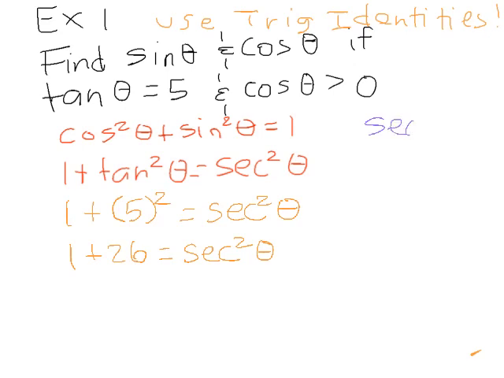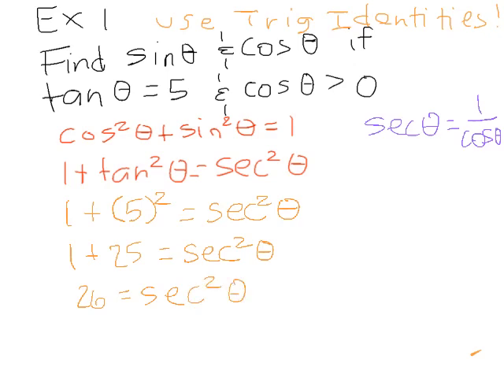Secant of theta is equal to 1 over cosine theta, so don't forget that. Back to our problem, we add these two together, and this should be 26. So 26 equals secant squared theta.